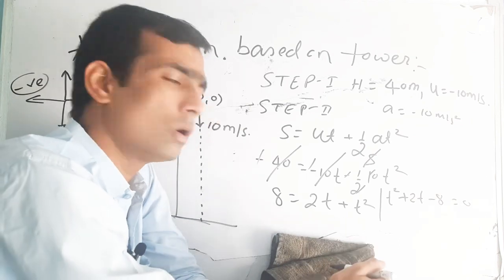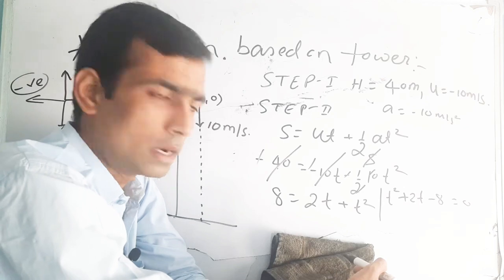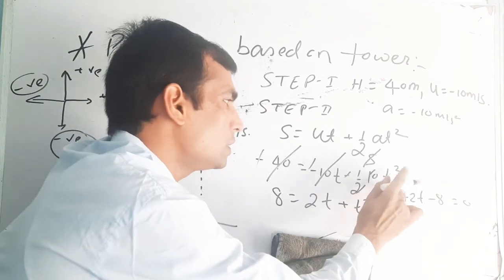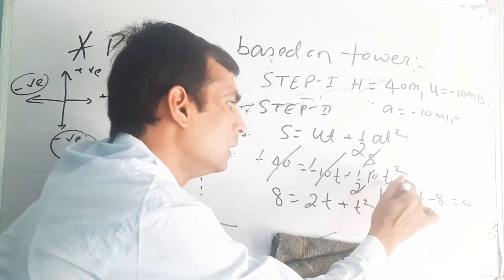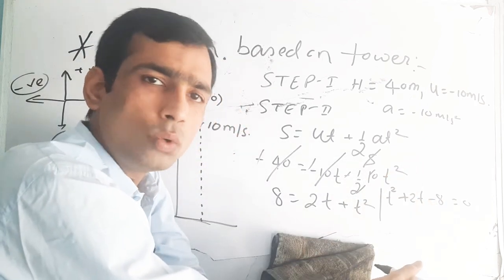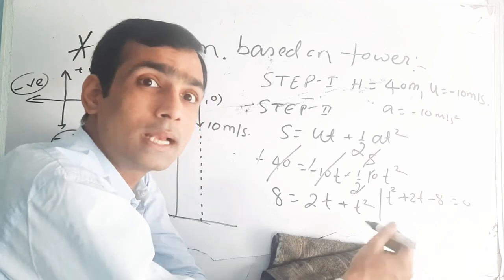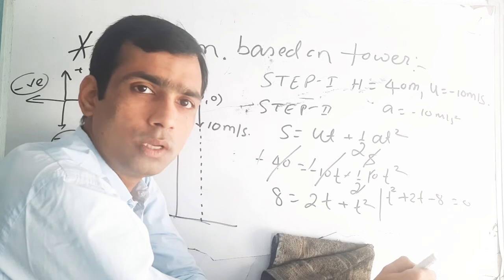You can find t by the middle term splitting method, or by the formula x equals minus b plus minus under root D upon 2a. I am going to use the formula x equals minus b plus minus under root D upon 2a here, right?